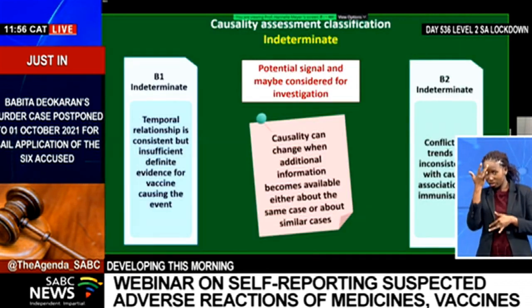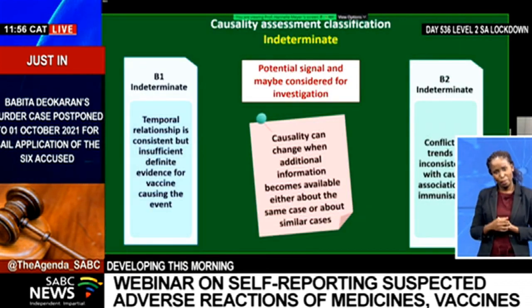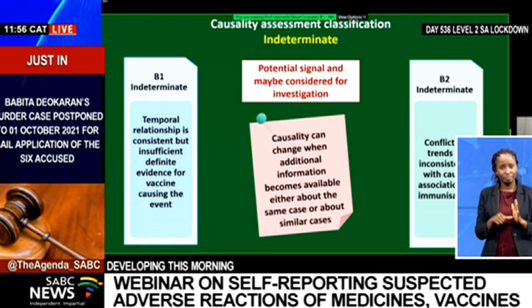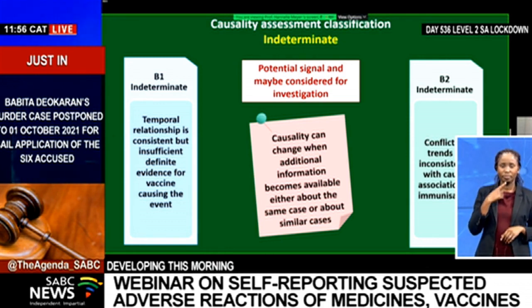Then the last category is the indeterminate category. This could be a potential signal, like Flora also explained, and may be considered for investigation in future. The causality assigned to these cases could change when new or additional information or additional cases become available. Then we would revisit these cases and the causality could change.